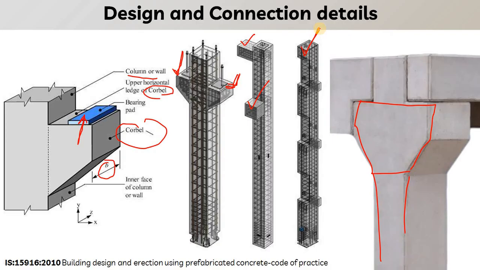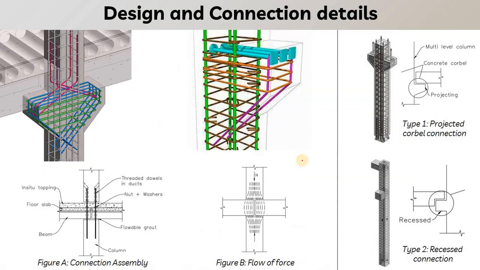The requirement of the corbel, its size, and its reinforcement are all dependent on the design. After going through the design and specification, the corbel size and numbers are identified.